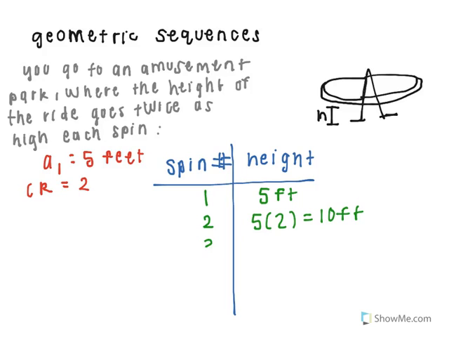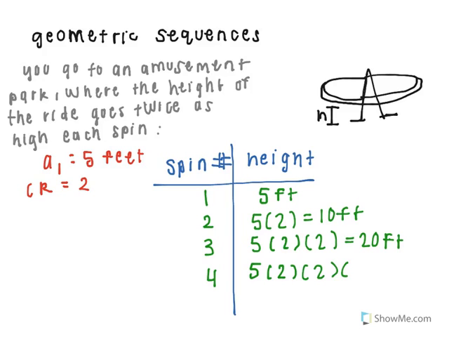Next, on the third spin, the height of the ride would be 5 feet times 2 times 2, which is 20 feet. And then next on the fourth spin, the height of the ride would be 5 feet times 2 times 2 times 2, which would equal 40 feet.